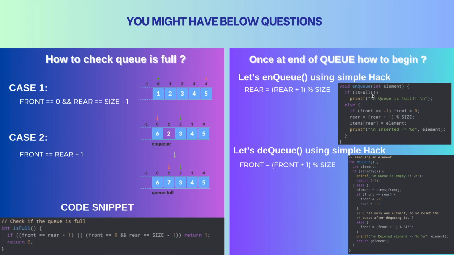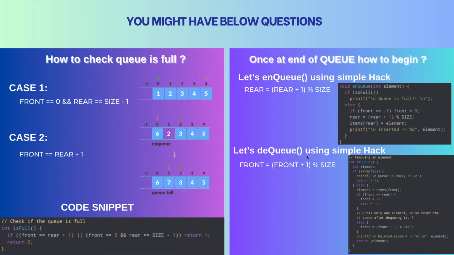First we have checked isFull, then front equals -1, front equals 0. So the very first time we need to initialize our front with 0, and then I will implement this formula, rear plus 1 modulo size, and then insert the element in the item array.